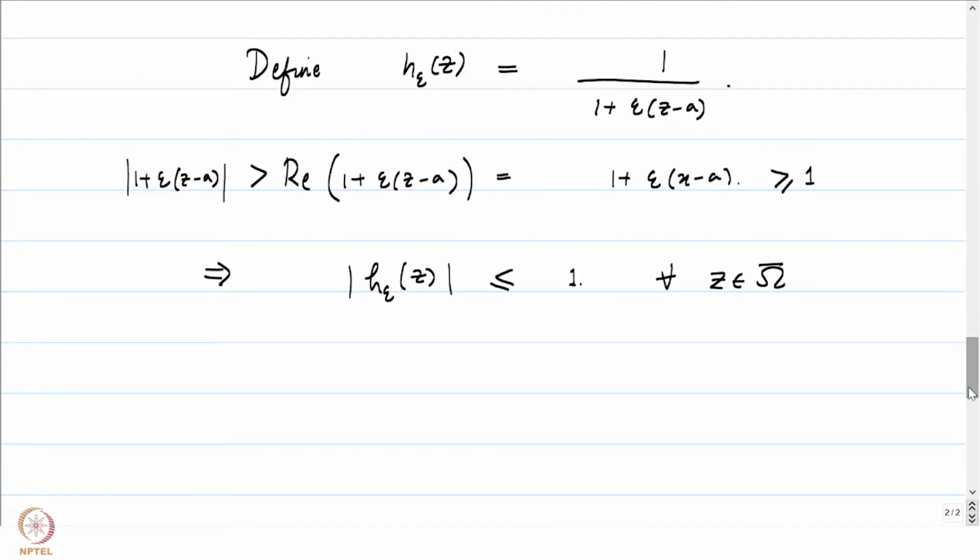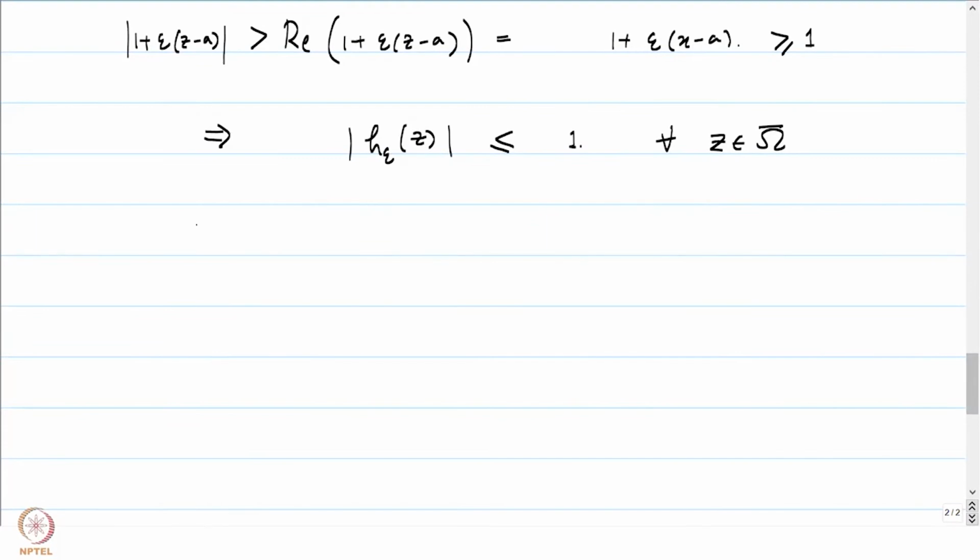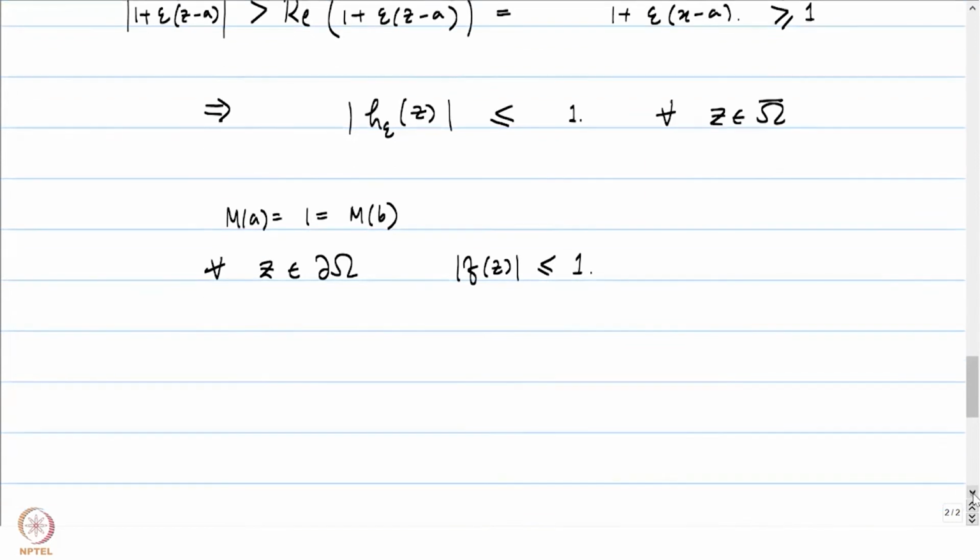Now what do we know about our function f on the boundary? Notice that m of a is equal to 1, and this is the same as m of b. So for all z in the boundary of omega, we have mod f of z is less than or equal to 1, because m of a is the supremum of the absolute value of f of a plus i y, where y is ranging from minus infinity to infinity.